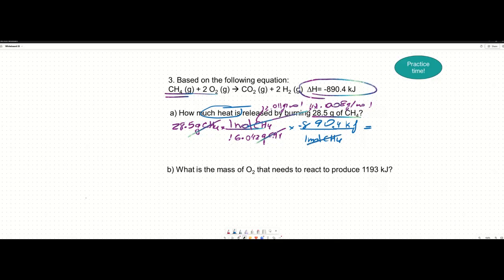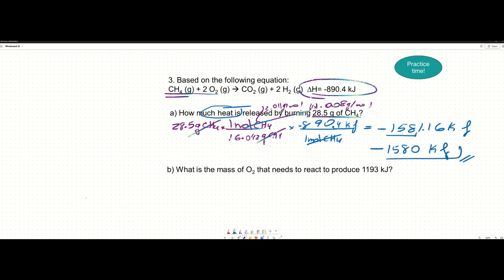For this mass, I'm going to have negative 1581.16 kilojoules. So I have 3 significant figures, so I should stop over here. So we're going to have negative 158 kilojoules. So I have 3 significant figures.